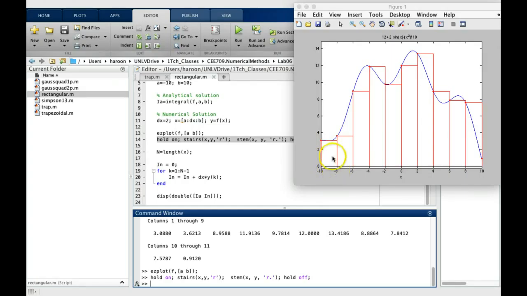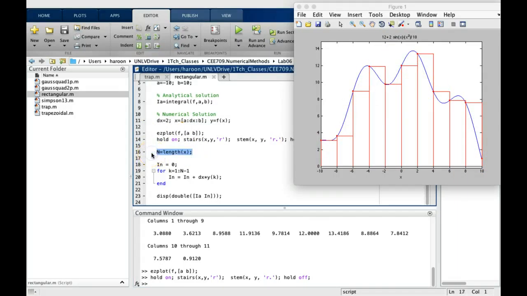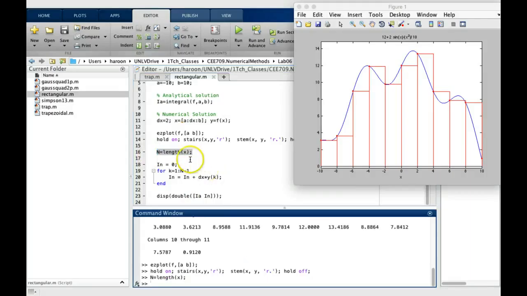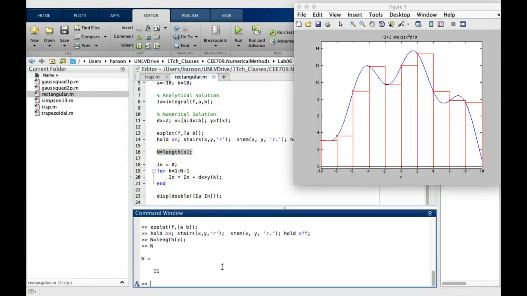We add these rectangles to get the integral under the whole function, and in order to do that, we basically run a for loop. Our n in this case is 11, so we have 11 rectangles that we need to add together.